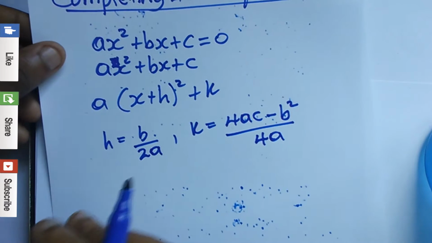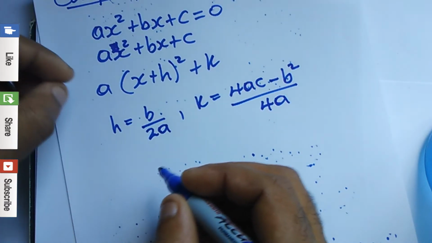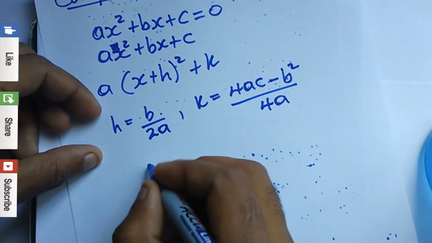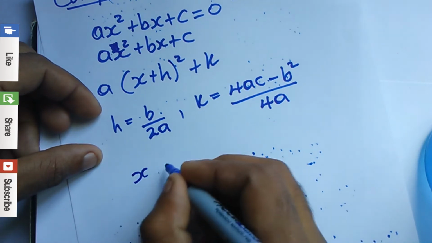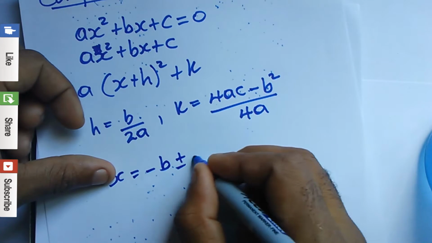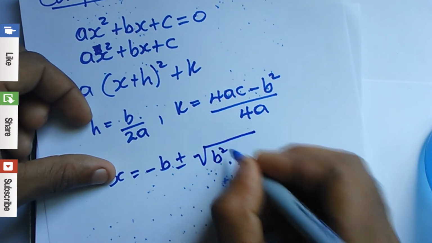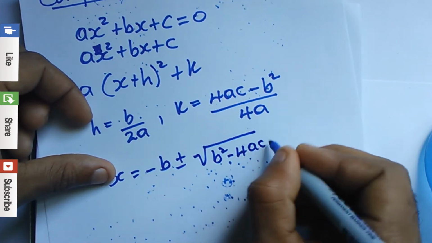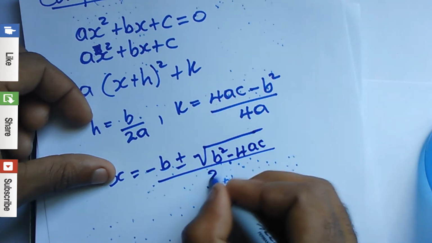Also, we have to have ideas as to how to use the quadratic formula, and the quadratic formula is x equal to minus b plus or minus the square root of b squared minus 4ac all over 2a.